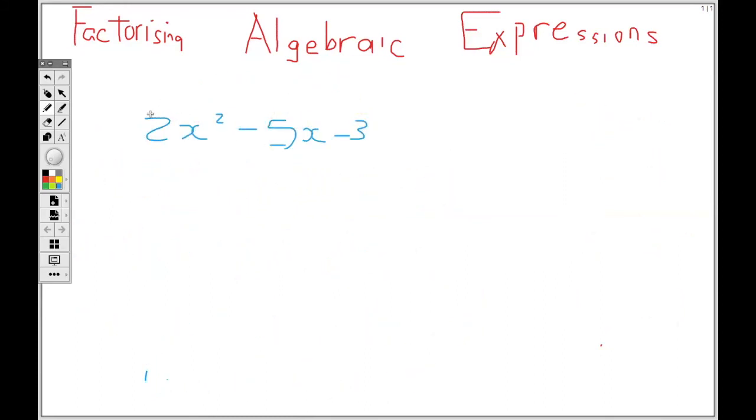So looking at this, we have 2x squared minus 5x minus 3. So we say we need two numbers that multiply to give us 2 times negative 3, that is minus 6. So we need two numbers that multiply to give you negative 6 and add to give us negative 5.